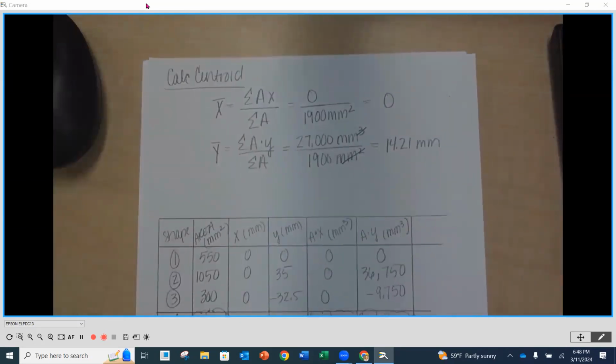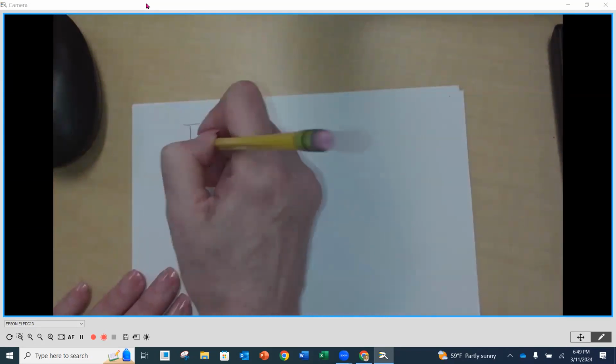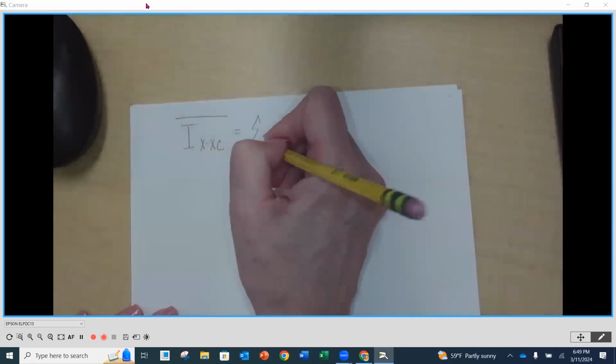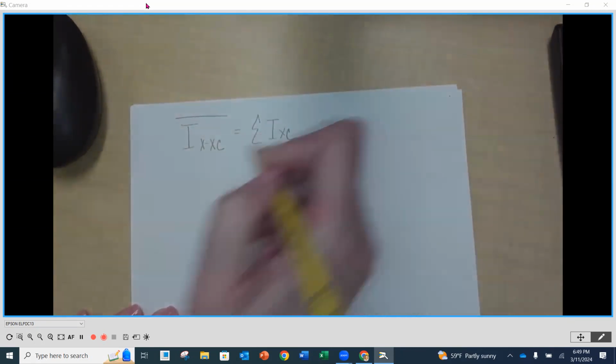So after we calculated our centroid, we're now going to calculate our moments of inertia. So we know that Ix of the centroidal axis total for our whole composite shape is going to be equal to the summation of the IXCs, right?